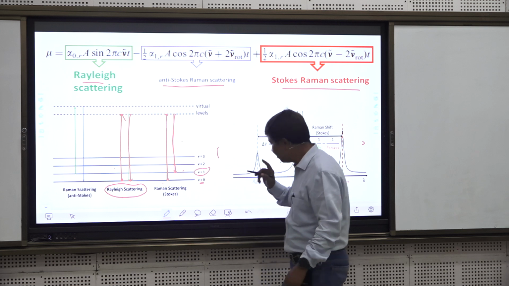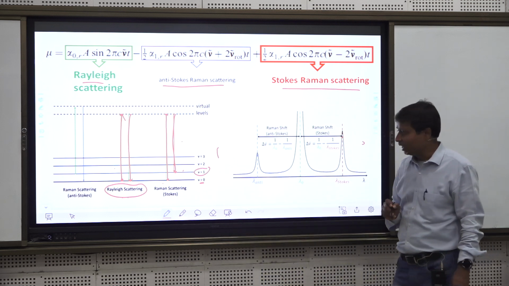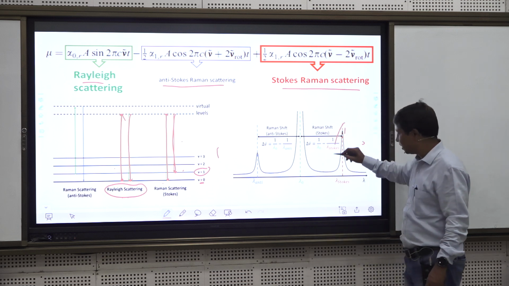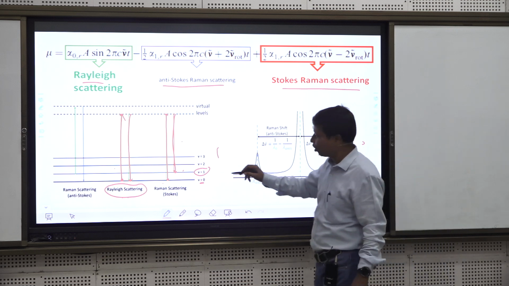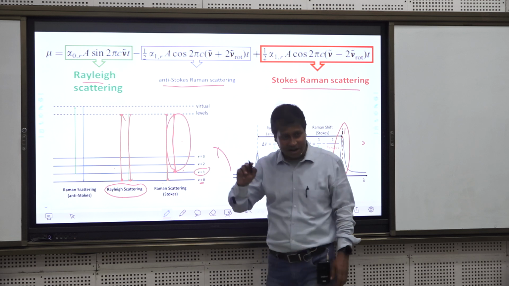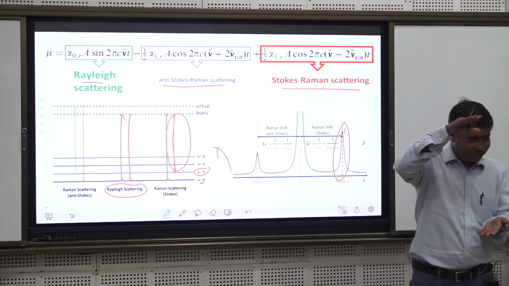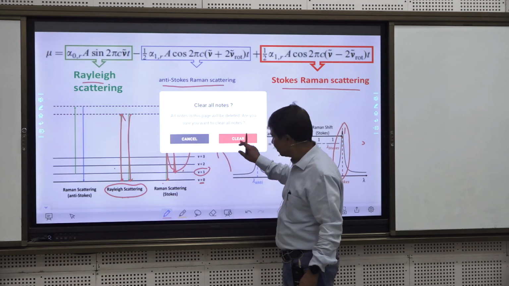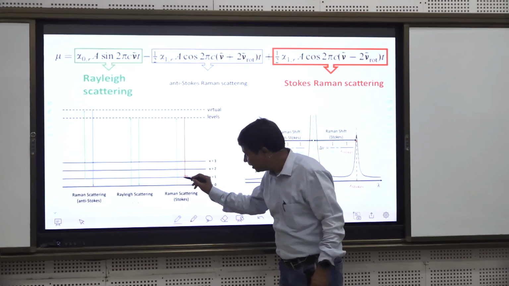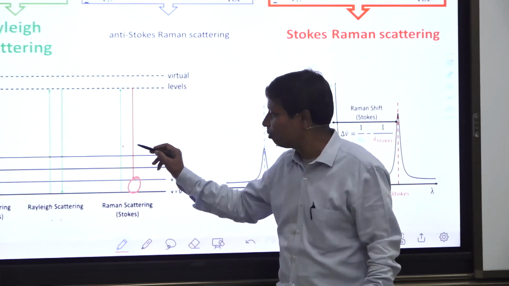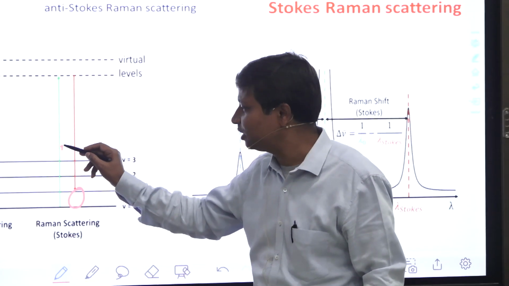Now, the important thing to understand is that the band you get is not this difference. In the IR case, it is that difference. But in this case, it is the difference of this minus this.